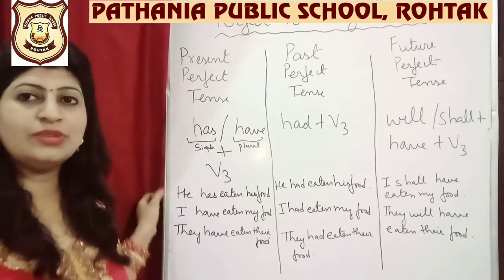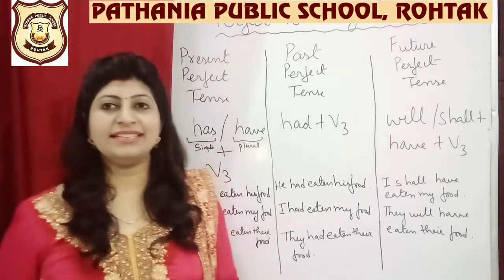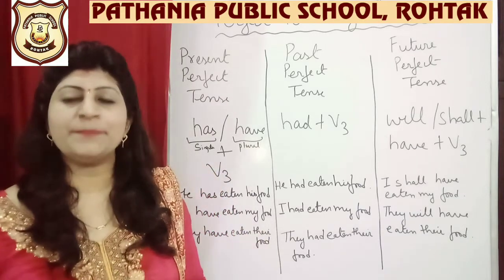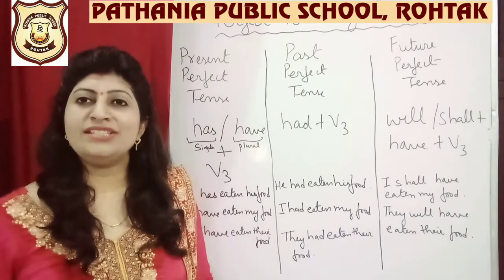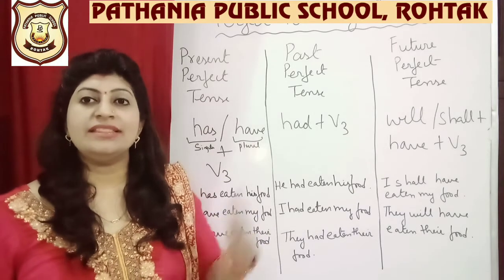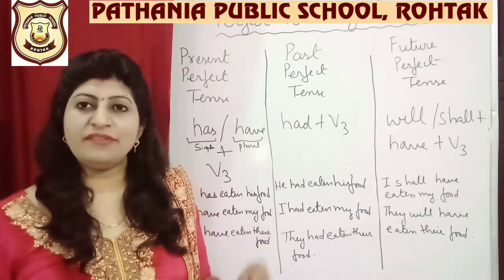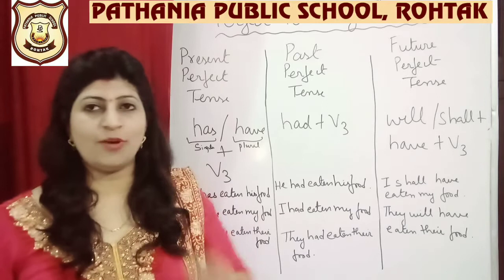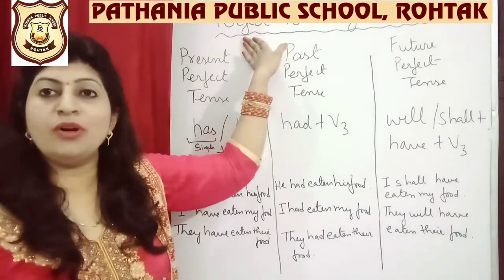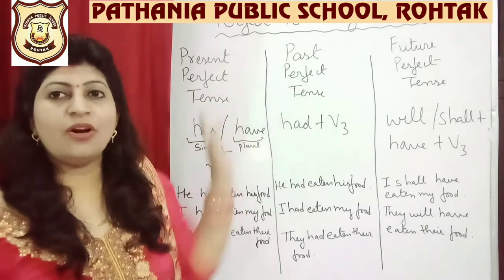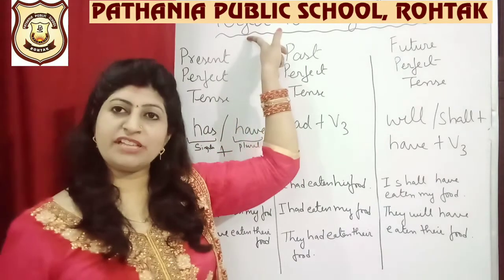So now dear students, like I was teaching you in the continuous form, again this is another way of remembering. Suppose many sentences are given to you and you are asked to find out what kind of tense it is. Whenever you see the third form of the verb, it is very easy to identify that we are talking about perfect form, because where we are using V3, we are using it in the perfect form.